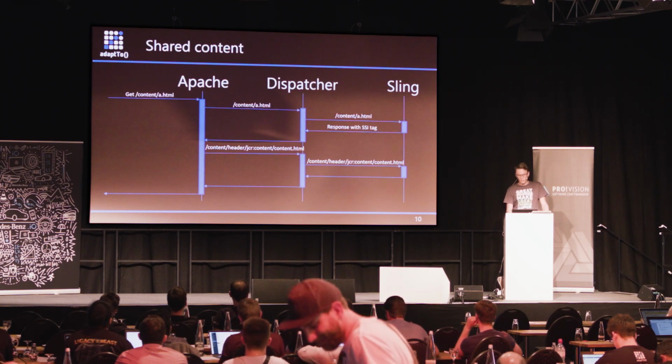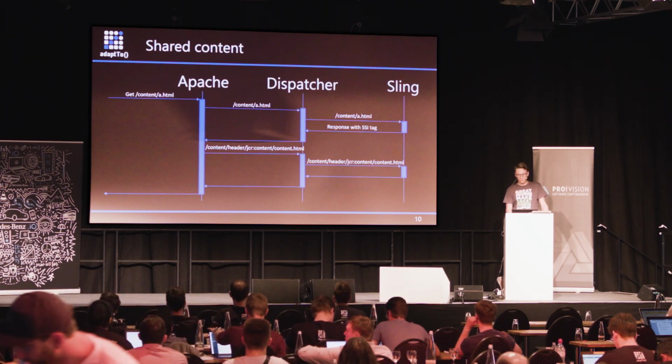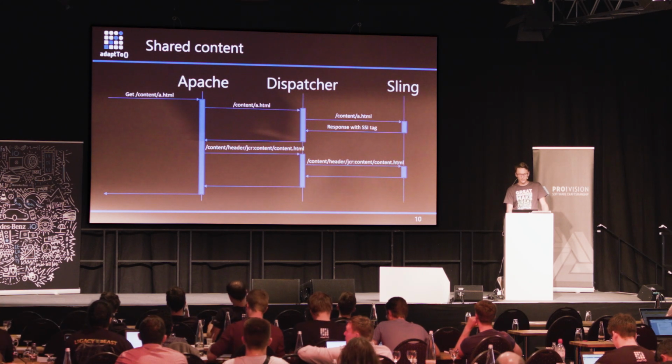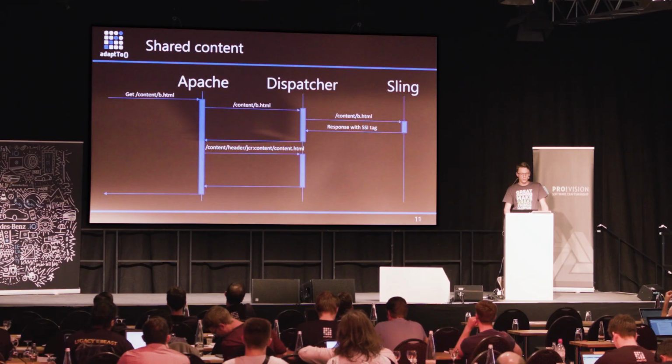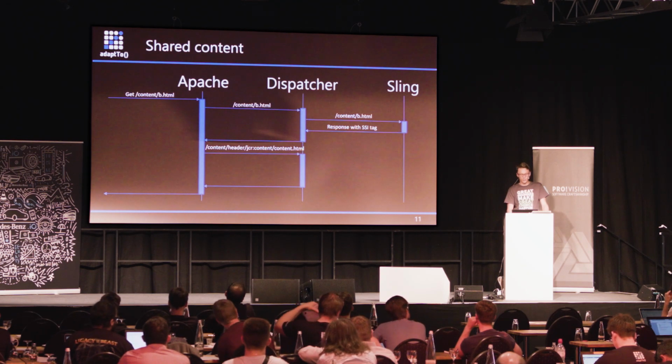But we are making a separate call to Sling to get the content of our header, and after that, this content is stored on dispatcher level. So when another user would like to get page B, we don't have to make this additional call for the header, because we can use it from our dispatcher. It is already rendered, so we can just take it.